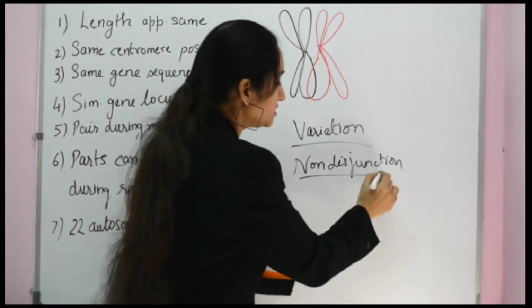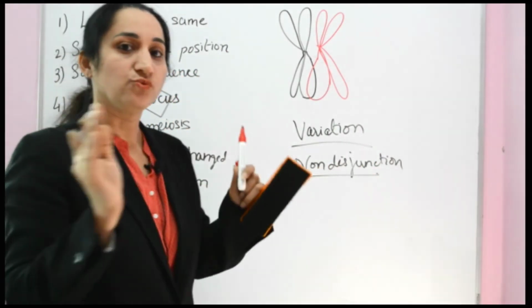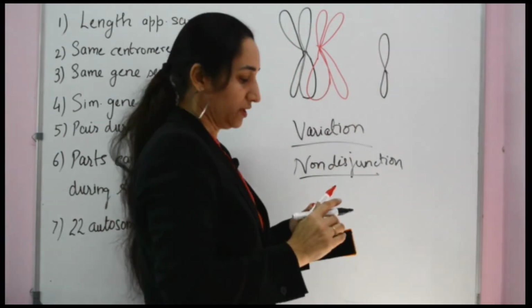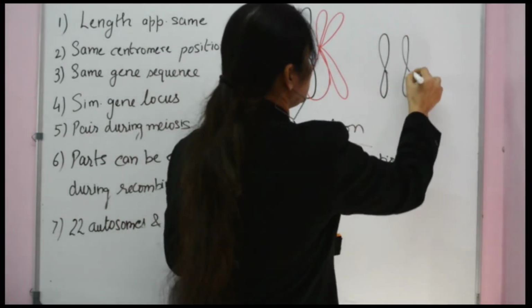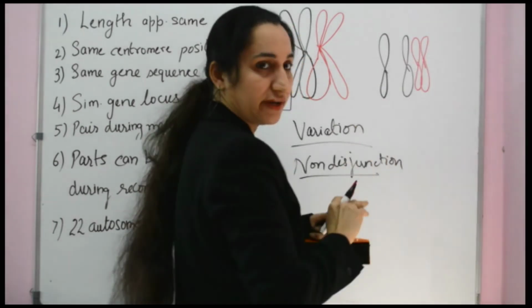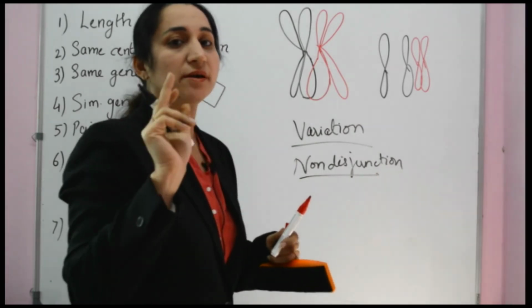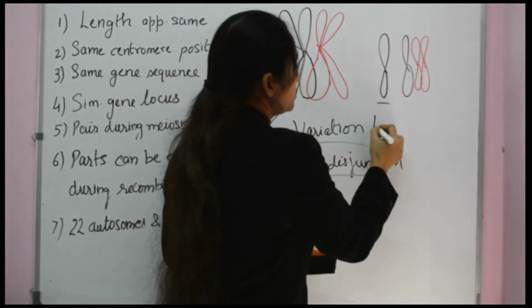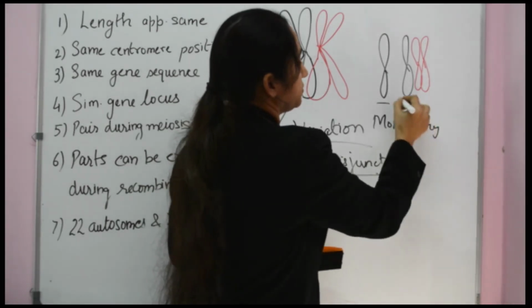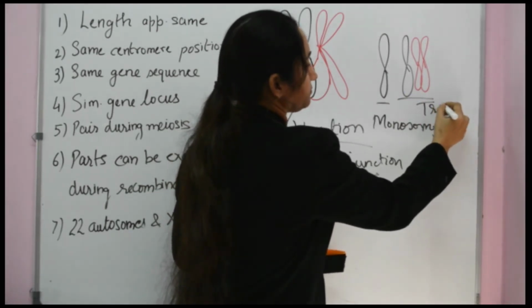Due to the non-disjunction, sometimes one gamete will receive only one chromosome and the other gamete will receive 3 chromosomes, right? This is the chromosomal abnormality. This is known as monosomy and this is known as trisomy.